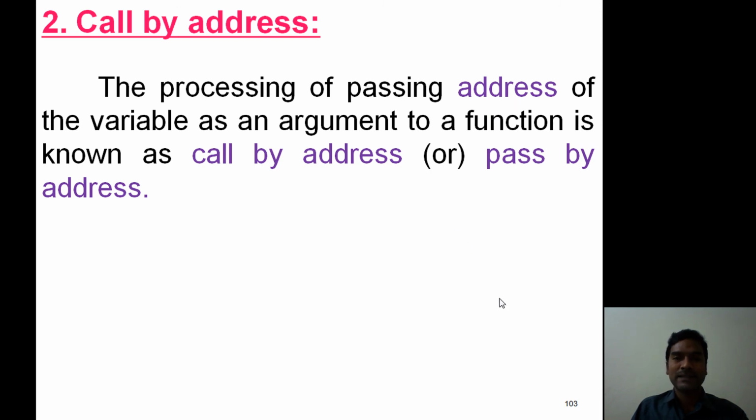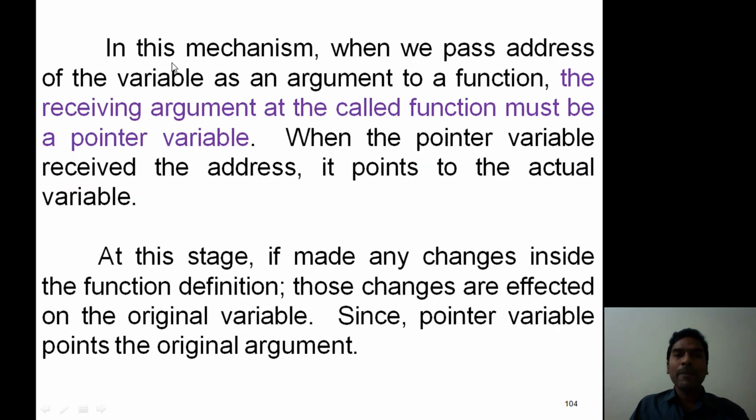If we pass the address of the variable as an argument to a function, the receiving argument at the called function must be a pointer variable. Then only receiving is possible. Once the pointer variable receives the address, it indirectly points to the actual variable.